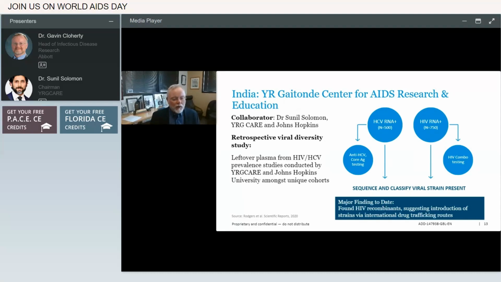In India, we worked with our collaborators at YRG Center for AIDS Research and Education to look at HIV and hepatitis diversity in the country, studying retrospective samples that were collected around the country. Over 750 HIV samples were sequenced. These are samples with sufficient viral load to sequence.